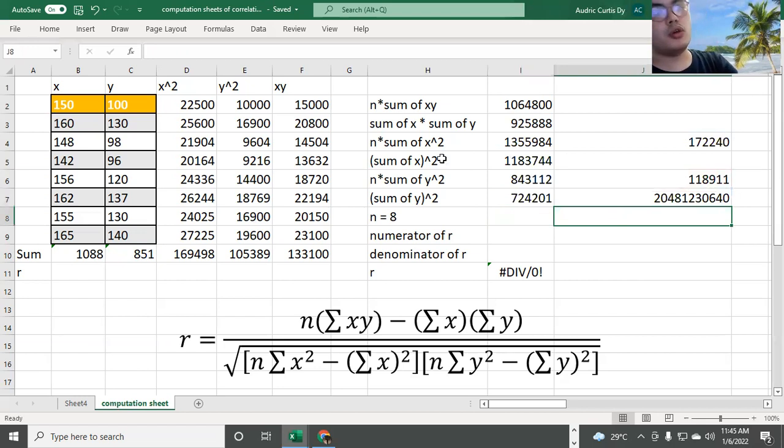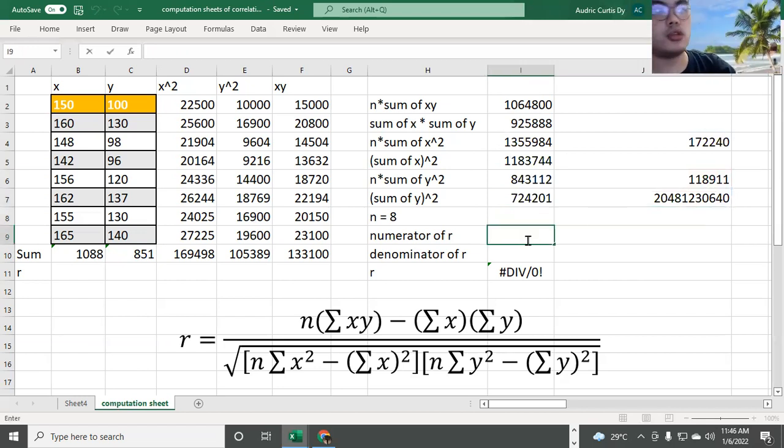Now we're going to compute for the numerator by subtracting the product of n and sum of xy together with the product of sum of x and sum of y. So here is the numerator.